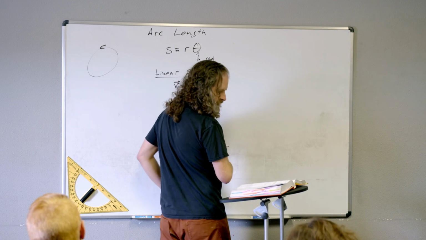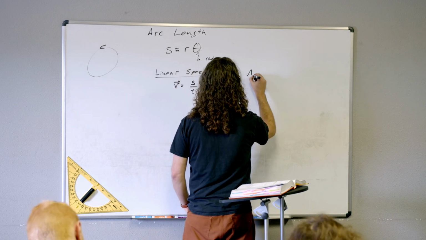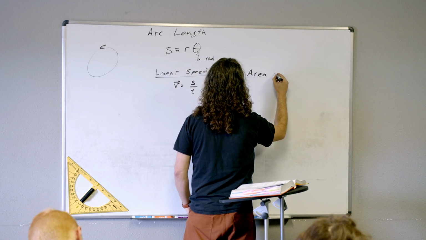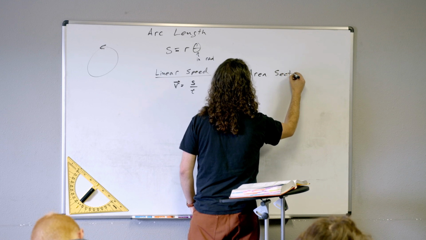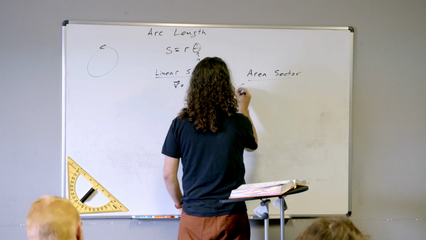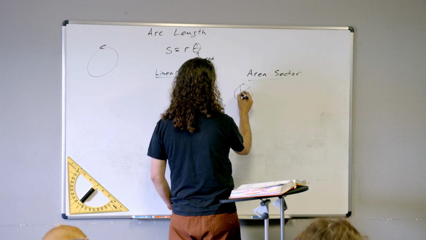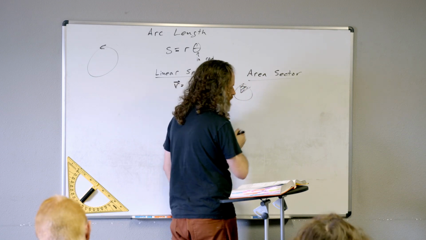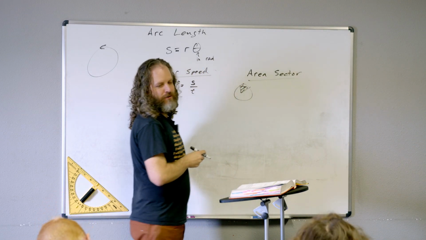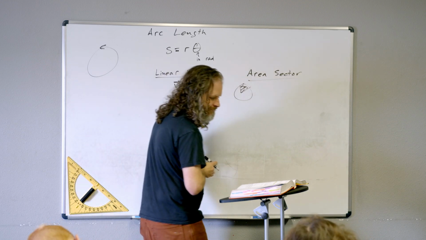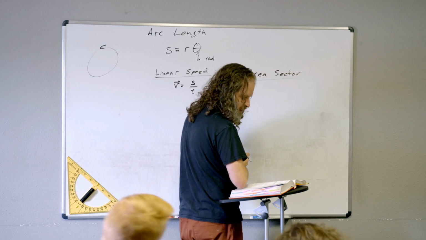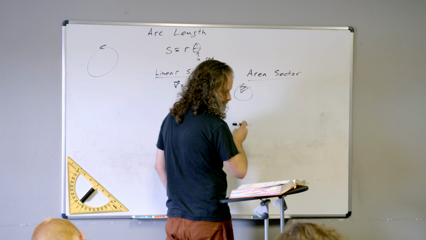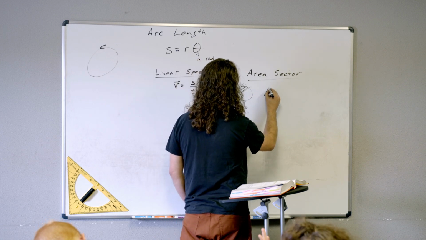Which makes sense if you've had the very beginning chapters of physics. Okay, and then the next formula, if you want to find the area of a sector, how big the piece is. How do you find the area of a whole circle? Pi r squared. So it's going to be similar to that.